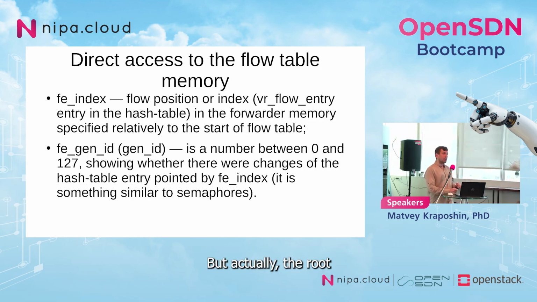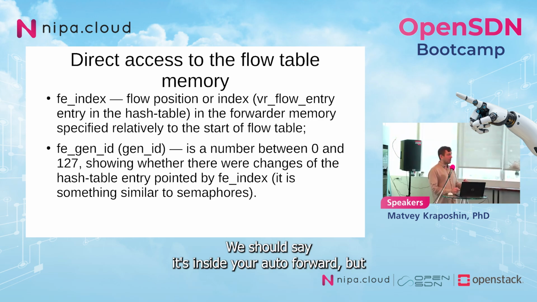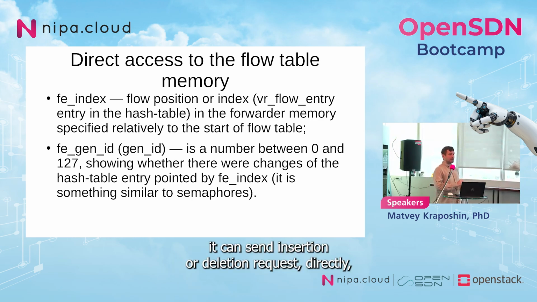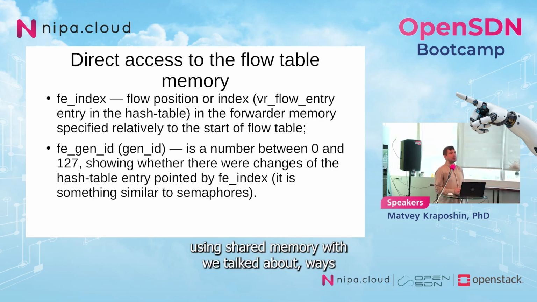But actually, the router agent has two ways to interact with the forwarding table, which resides inside the router forwarder. It can send insertion or deletion request directly, but it can read this table using shared memory.